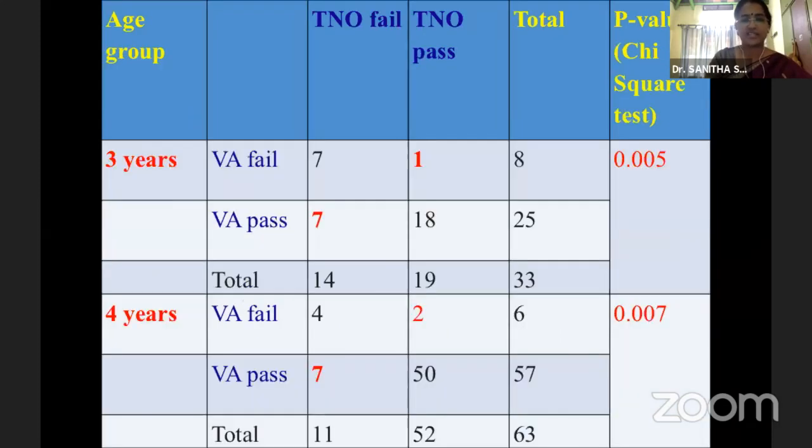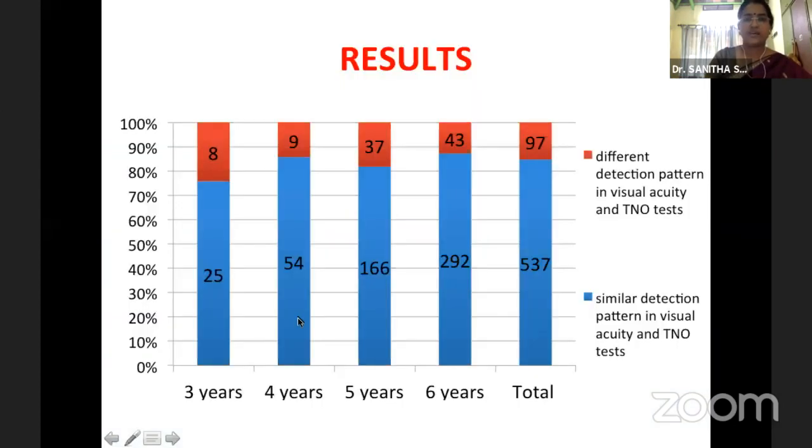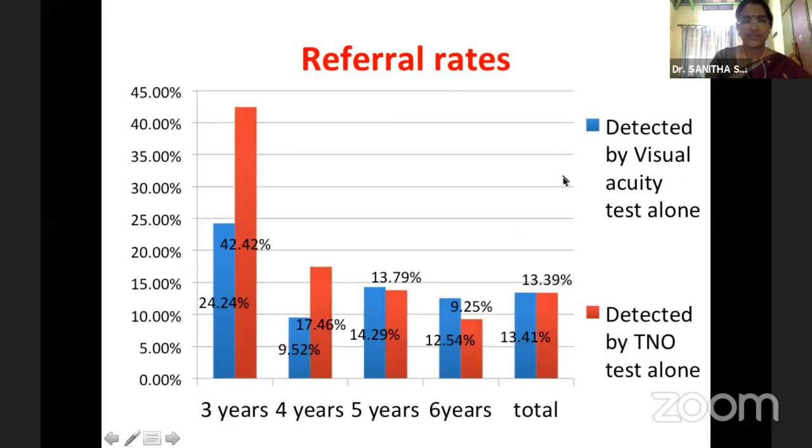And this was statistically significant in the total sample, as well as in the 3 years, 4 years, 5 years, and also 6 years age group. And this was a referral rate based upon this calculation. For example, if we take 3-year age group, 42.42% children were detected by TNO test for referral, whereas only 24.24% were detected by visual acuity test alone.